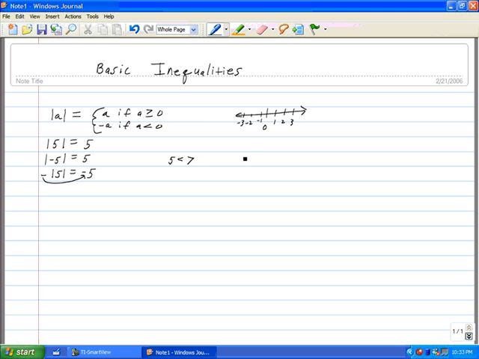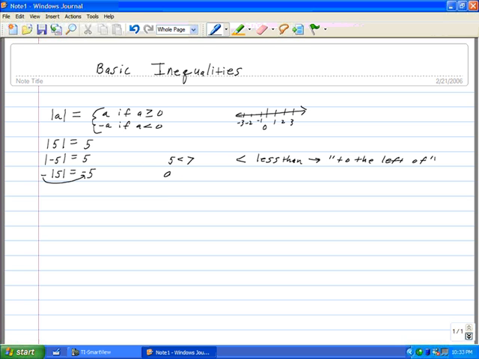So in other words, our symbol, which we call less than, can be thought of as meaning to the left of, because it is implying that 5 is to the left of 7 on the number line.